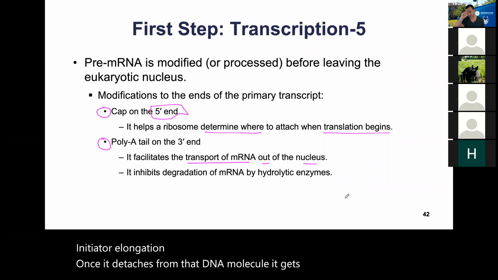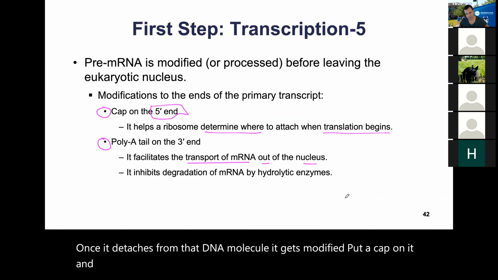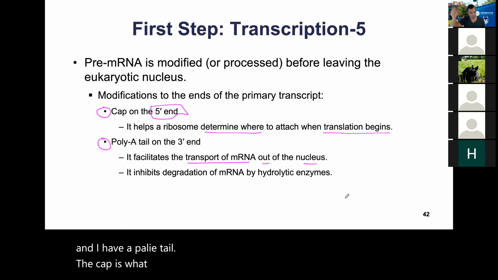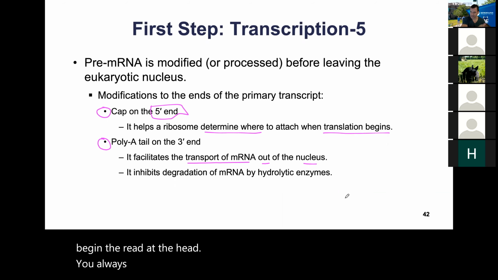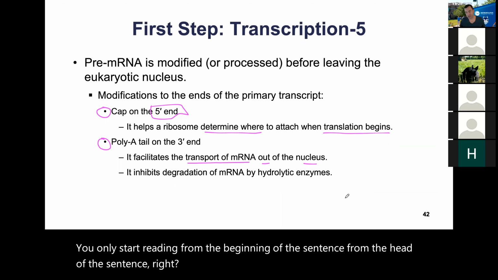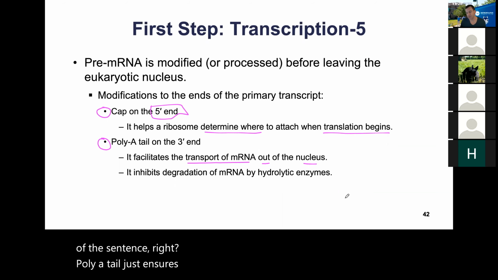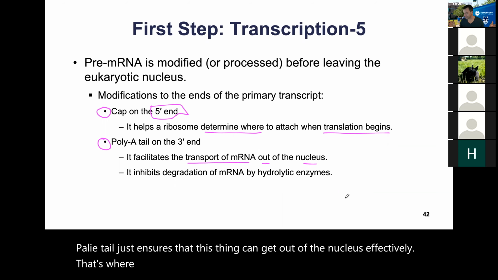I put a cap on it, and I have a poly A tail. The cap is what tells the translation process where to start or where to begin the read at the head. You always start reading from the beginning of the sentence, from the head of the sentence, right? Poly A tail just ensures that this thing can get out of the nucleus effectively. That's where we are.